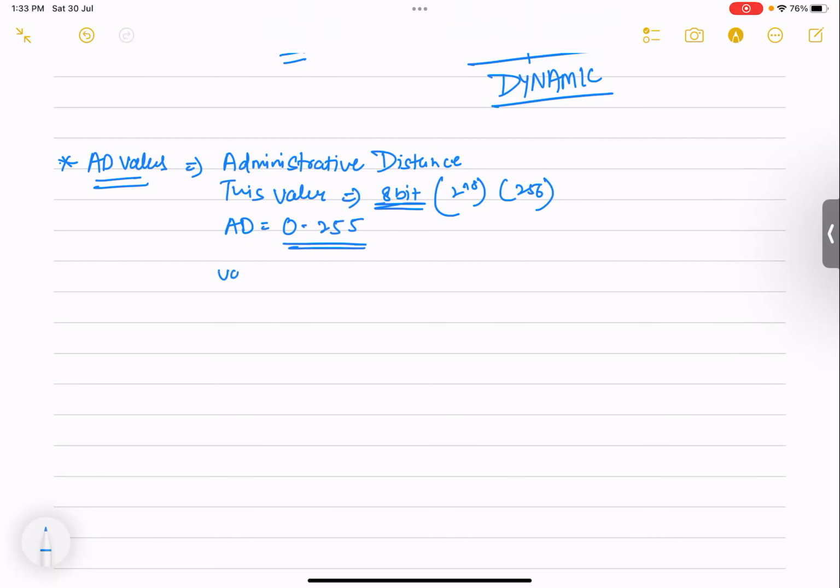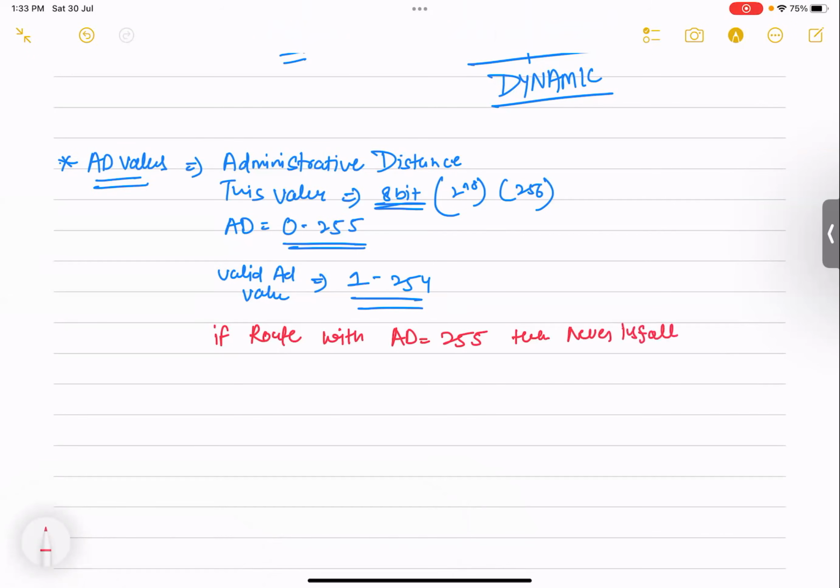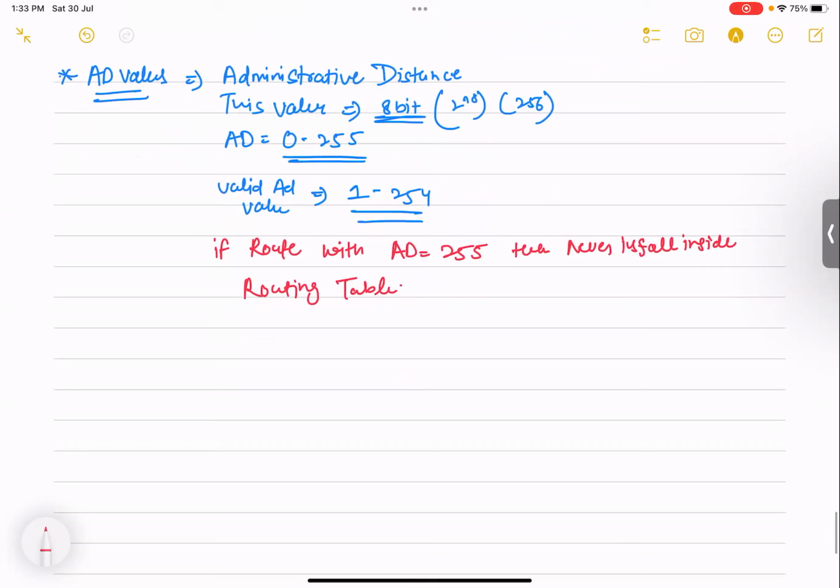Valid AD values go from 1 to 254. One more thing: a route with AD 255 is never installed inside the routing table. Clear? Any doubt? No.